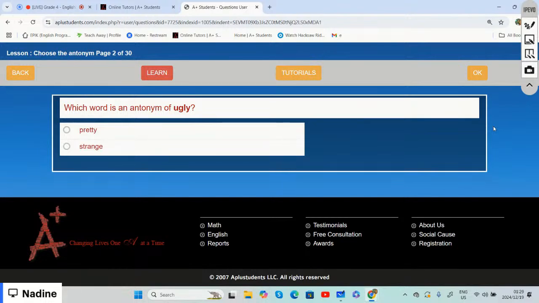What is the antonym of ugly? Is it pretty, option one, or strange, option two?